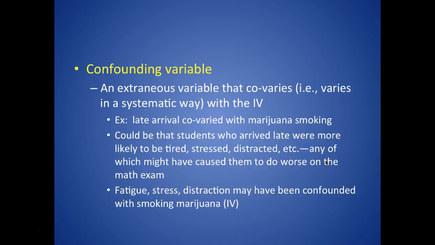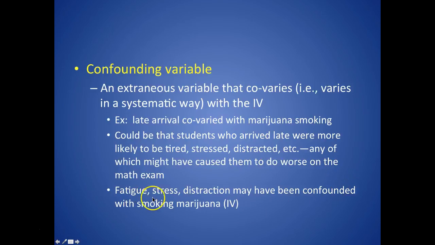A confounding variable, this is real important, is any extraneous variable that covaries with the independent variable. For example, late arrival covaried with marijuana smoking. It could be that the students who arrived late were more likely tired, stressed, distracted, any of which might have caused them to do worse on the math exam.